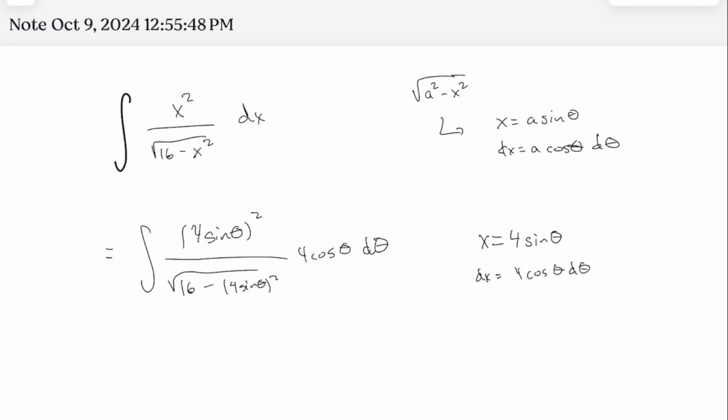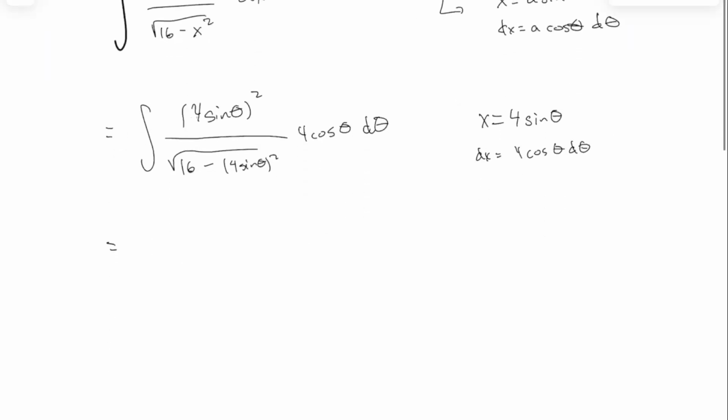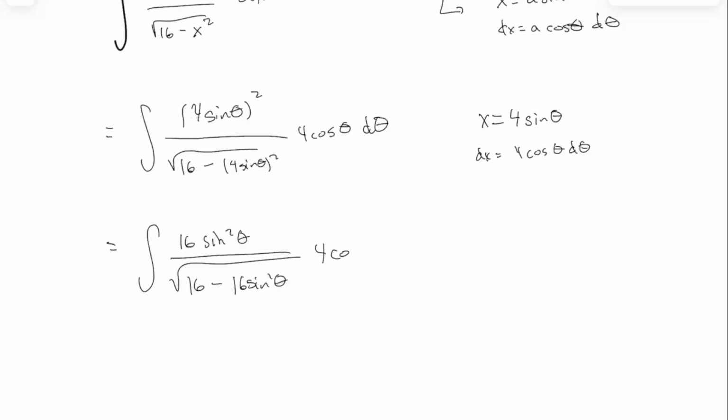Can anyone suggest what I should do next? You want to simplify stuff as much as you can. Square those square things. So where it says 4 sine theta squared, you square the 4, you also square the sine theta. So this is 16 sine squared theta over square root 16 minus, same thing in here, 16 sine squared theta. Up here, 4 cosine theta d theta.